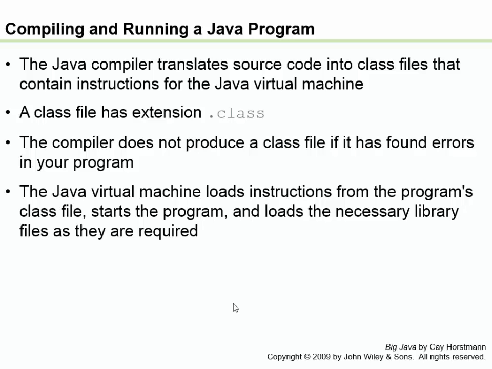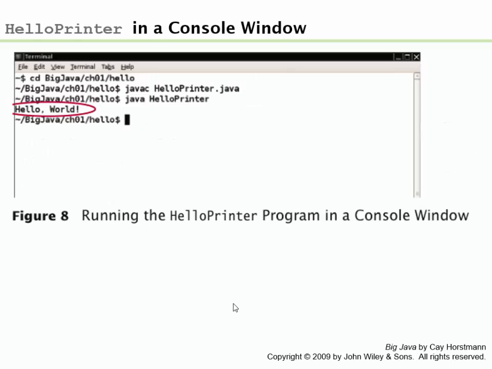If you look at this next slide, you can be in the command window on a PC or maybe a console window on a Linux box like this is. You can call javac, which is the Java compiler, and send in the .java file. It will create a HelloPrinter.class file.